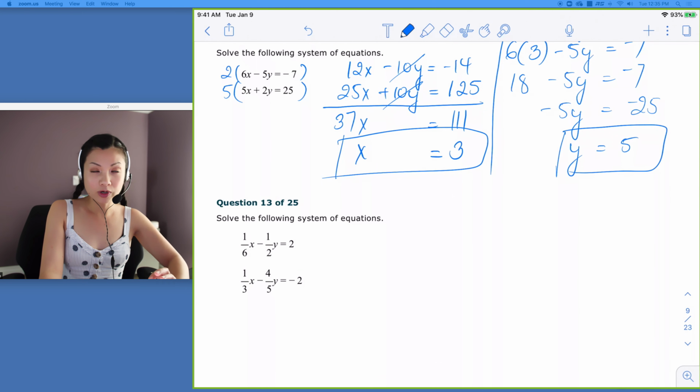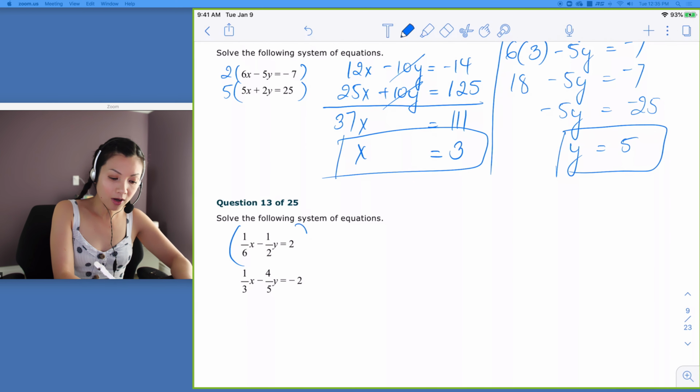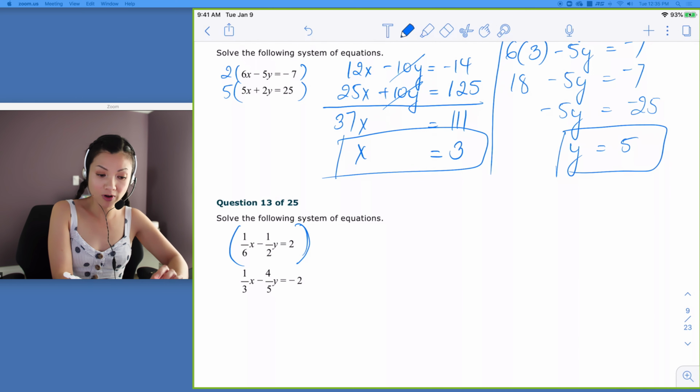Okay, now number 13, when students look at the problems and see fraction, they don't like it. So you can always get rid of fraction by multiplying everything by the LCD. So if I want to get rid of the fraction for the first equation, I have to multiply everything by 6.